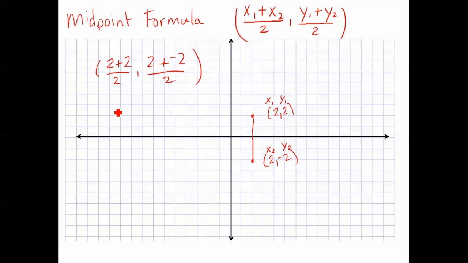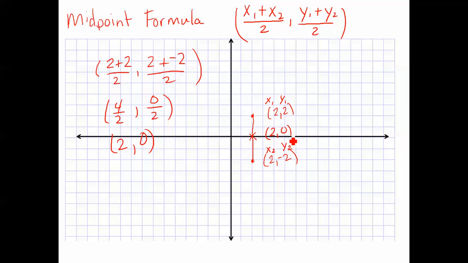So 2 plus 2 is 4 divided by 2. 2 plus negative 2 is 0 divided by 2. So 4 divided by 2 is 2, and 0 divided by 2 is 0. So we find out that this is our midpoint right here at (2, 0).